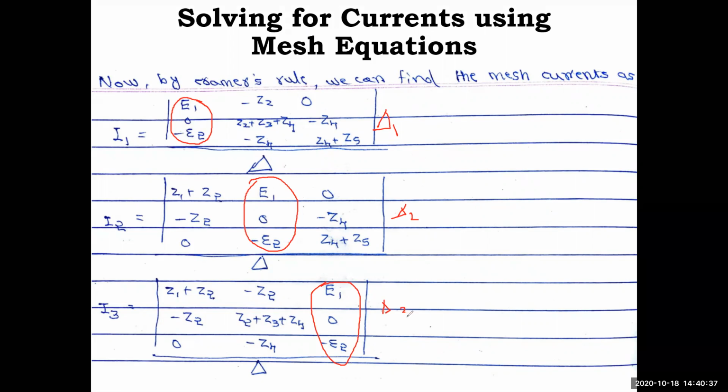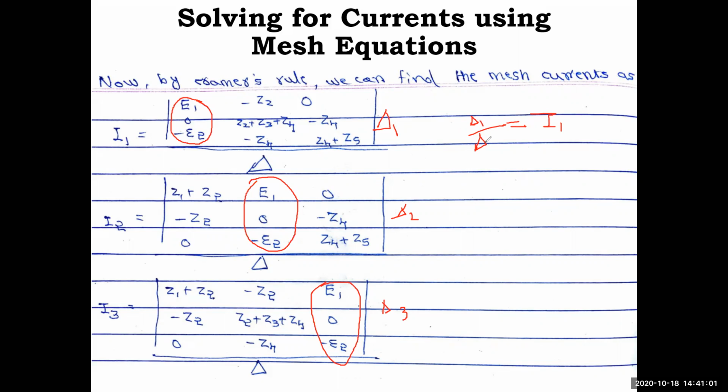Then if you divide each of delta 1, delta 2, delta 3 by the respective delta, you will get the respective currents I1, I2, I3. I have clubbed them here. Instead of writing delta 1, I have written directly this matrix determinant divided by delta. Normally you calculate like this: delta 1, delta 2, delta 3 separately.